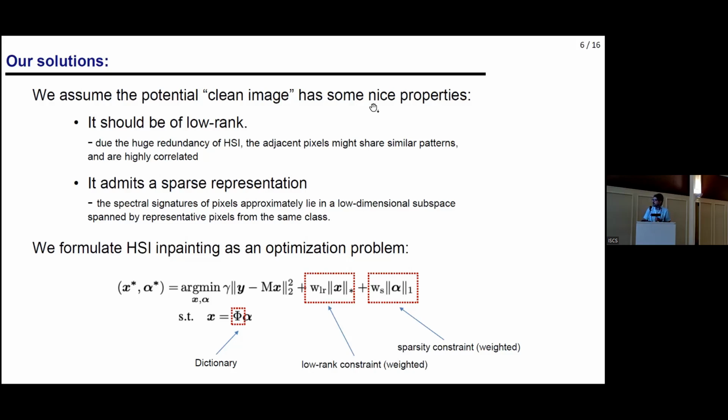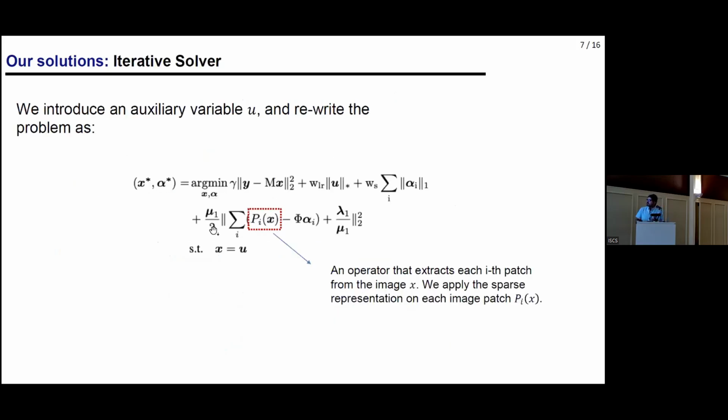So now we have two constraints, and what we do in practice is that we have an operator which selects a patch of the image, and we assume that patch is sparse.